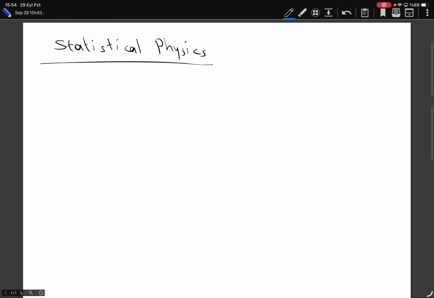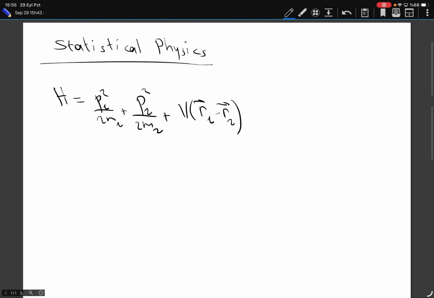If you have two particles, well, if the force between those two particles only depends on their relative separation, let's say that you have such a system described by such a Hamiltonian. This is a two-particle system.